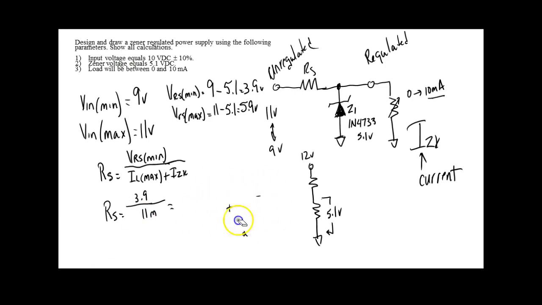So what value did we come up with for RS? Okay, but normally what we do is round this, because there's no such thing as a fractional ohm resistor, for one thing. So what am I going to do with that 354? Am I going to use 354 up here? No. What are we going to do?